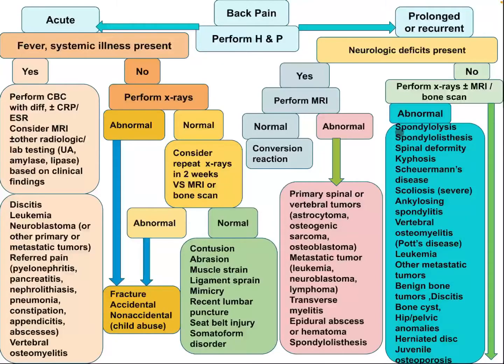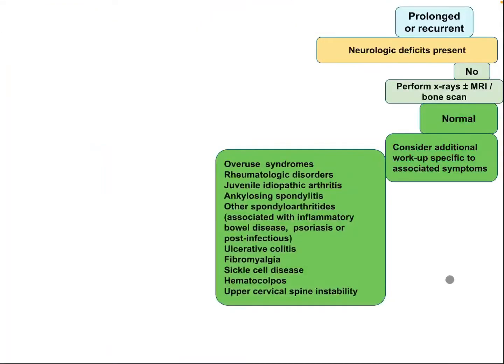If it is an abnormal result, differential diagnosis: spondylolysis, spondylolisthesis, spinal deformity, kyphosis, Scheuermann disease, scoliosis, severe disease, ankylosing spondylitis, vertebral osteomyelitis, Pott's disease, leukemia, other metastatic tumor, benign bone tumor, discitis, bone cyst, hip or pelvic anomaly, herniated disc, or juvenile osteoporosis. If it is a normal X-ray or bone scan, consider additional workup specific to the associated symptom.